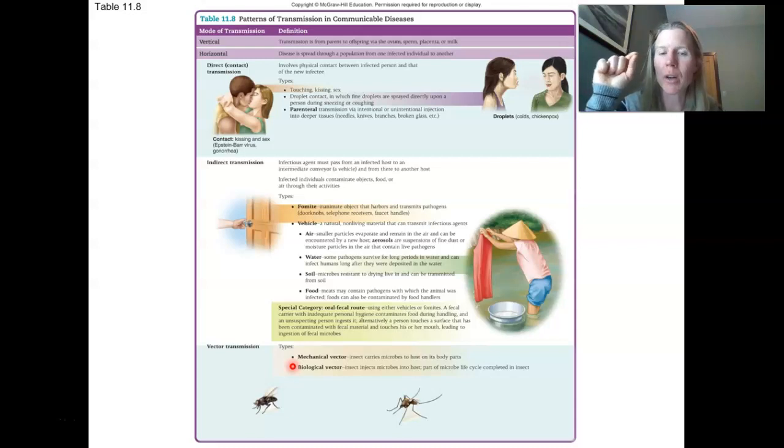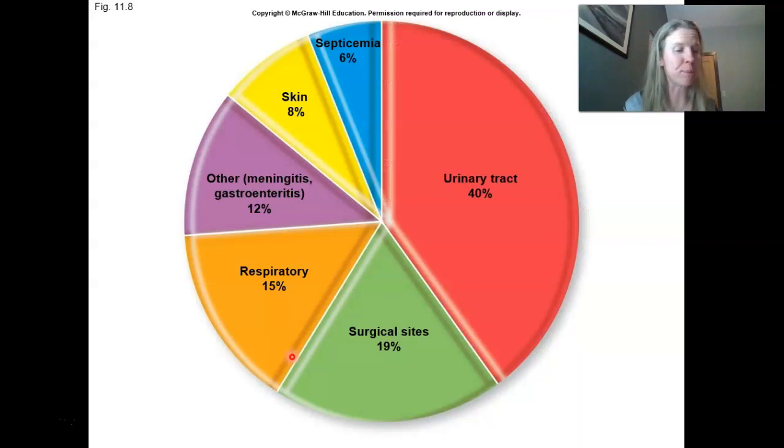So like a tick or a mosquito biting you, as opposed to, now I have to look. I think when fleas carry the plague, I don't think they have to bite you to pass on the bacteria. I think the plague bacteria is just on the flea, and then that can be delivered to you. I would still consider it a biological vector, but I'm not in charge. Okay.